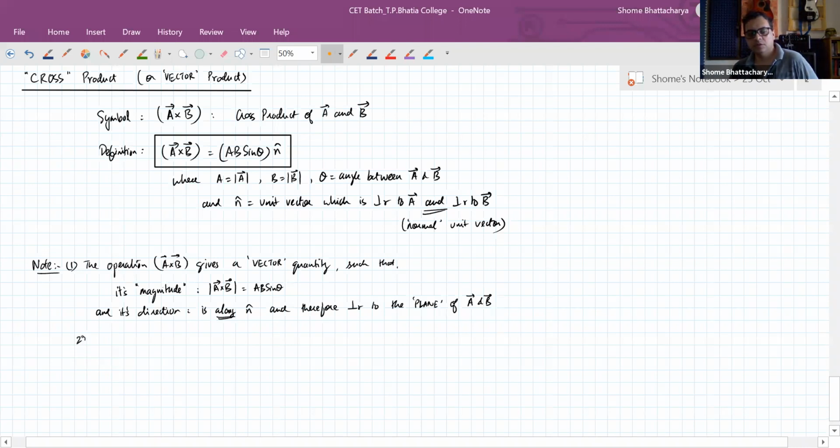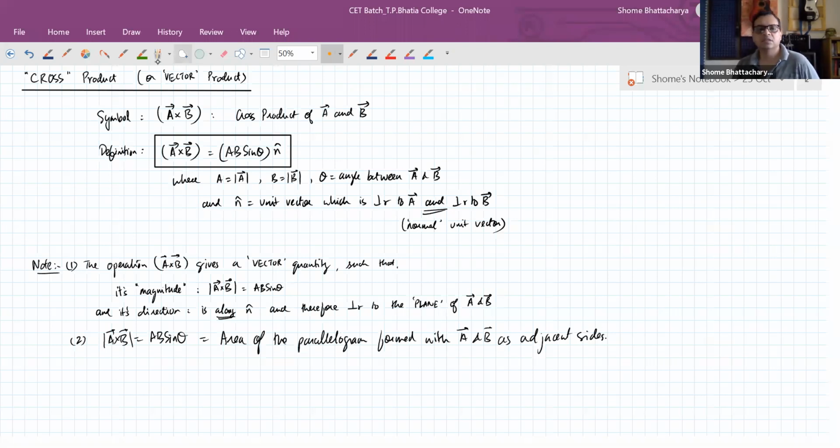Now the second point here is that mod A cross B, which is AB sine theta, equals the area of the parallelogram formed with vectors A and B as adjacent sides.